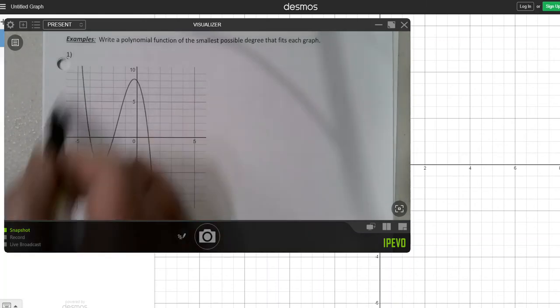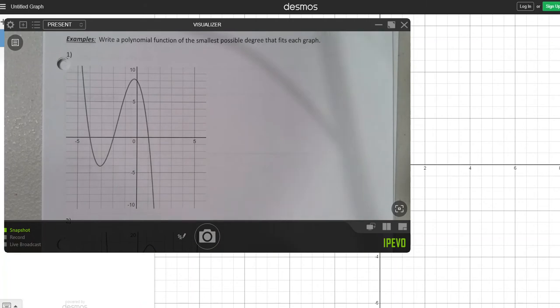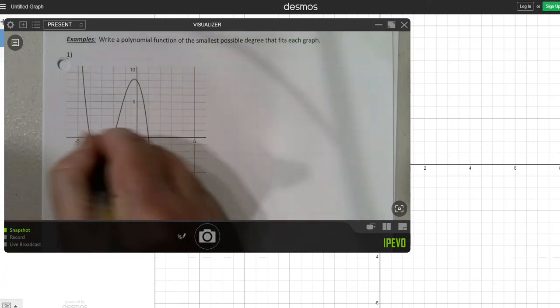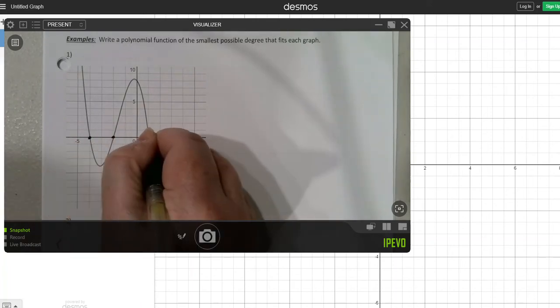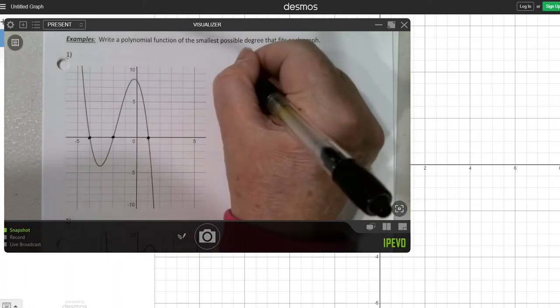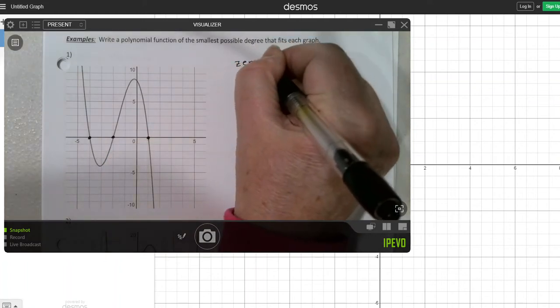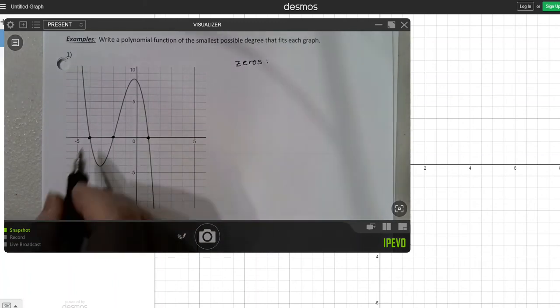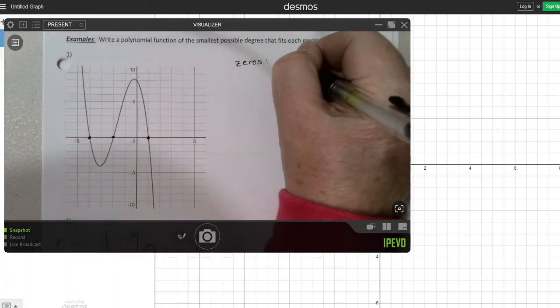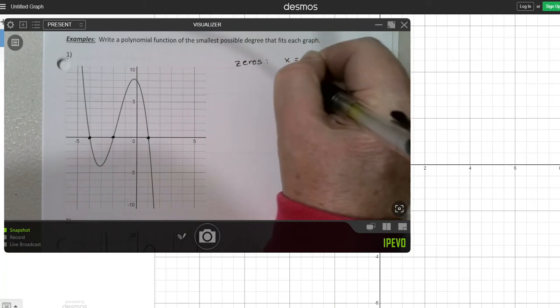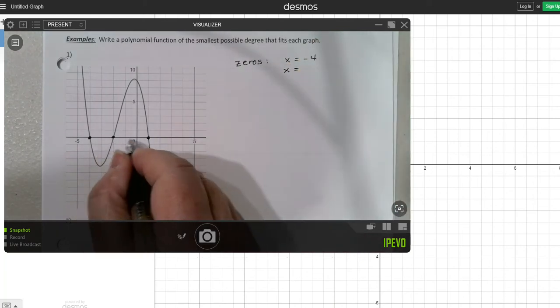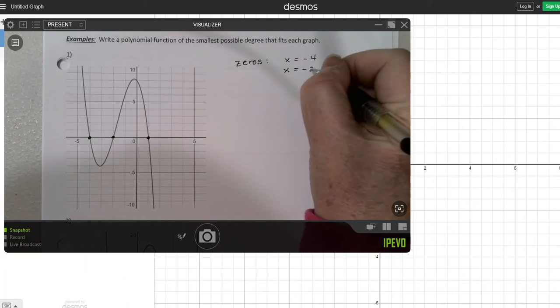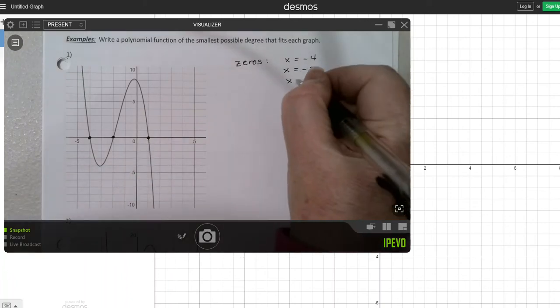I've got a graph here, and so much depends on the x-intercepts, or zeros. Let's start with those. I see 3 of them. So since those are the x-intercepts, I know the zeros of my function must be x equals -4, x equals -2, and x equals +1.